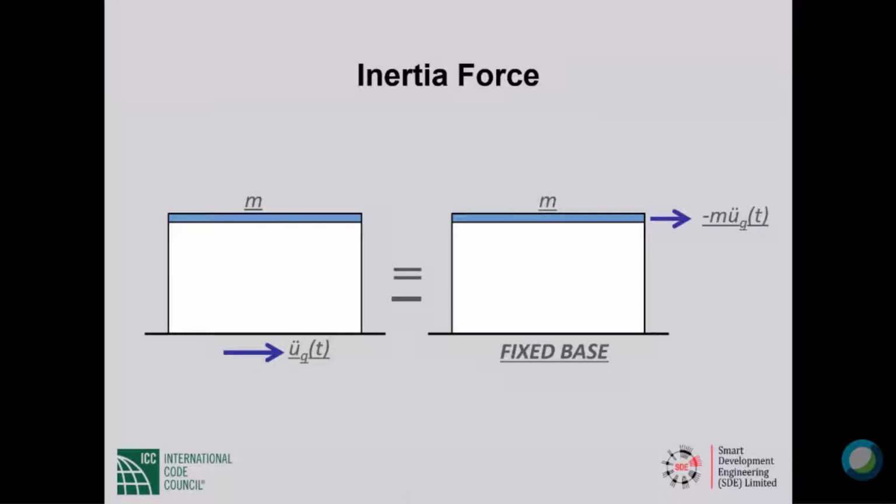U sub g double dot is acceleration of the ground. The inertia force at mass m is the mass multiplied by the acceleration, except that the inertia force is in a direction opposite to that of the ground acceleration. That's what the negative sign tells you. Okay.